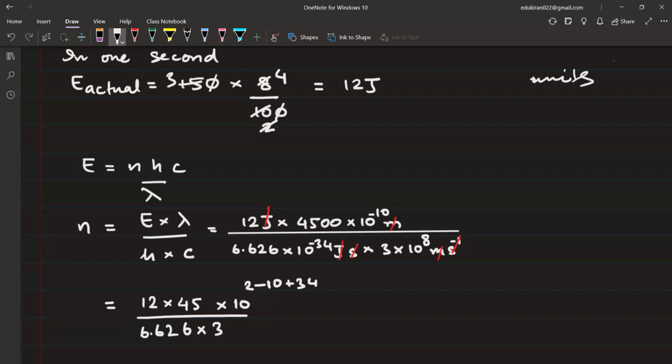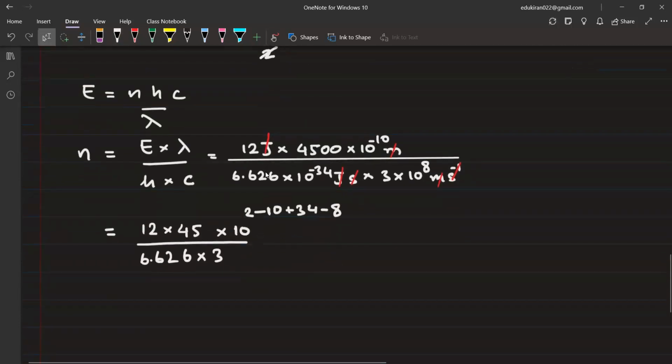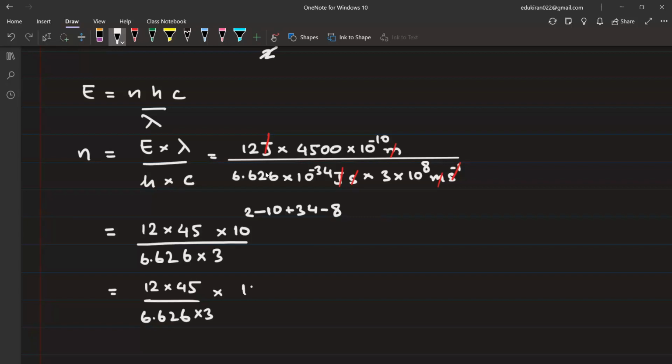Here we have 10 to the power 8, it will go above and become 10 to the power minus 8. Now we can do calculations from here. So 12 into 45 divided by 6.626 into 3, multiplied by 10 to the power 2 minus 10 is minus 8. Minus 8 and minus 8 is minus 16.